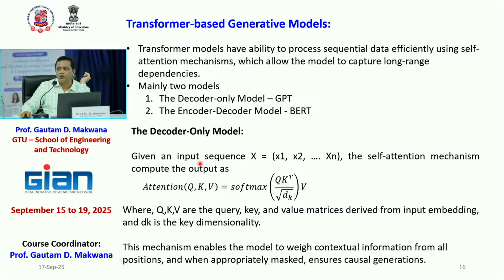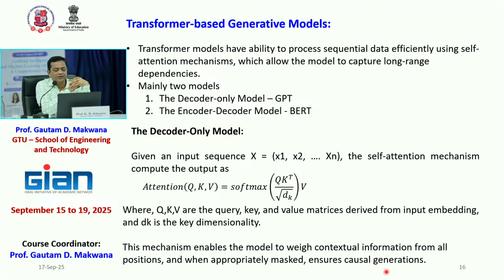Yesterday I talked about this equation, and also about what self-attention, multi-head attention, and group query attention are, and what the benefit of this is. This mechanism enables the model to weight contextual information from all the positions, and when appropriate masks ensure causal generation.